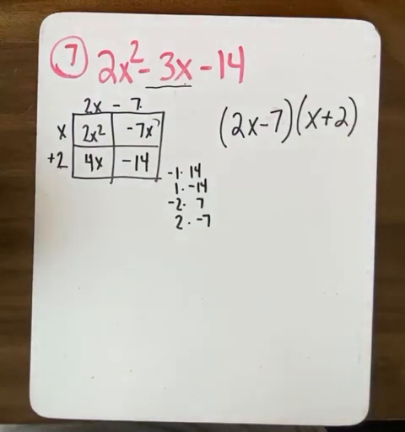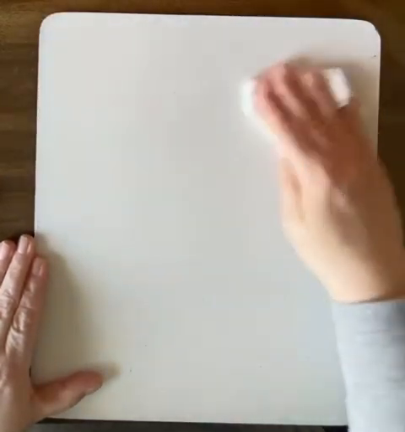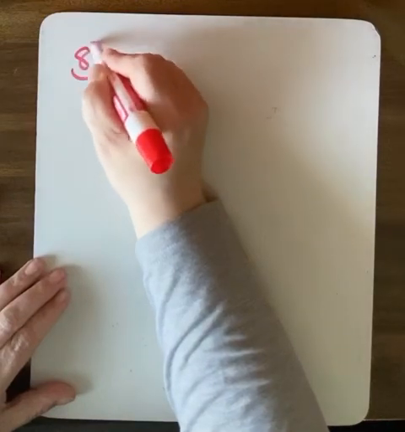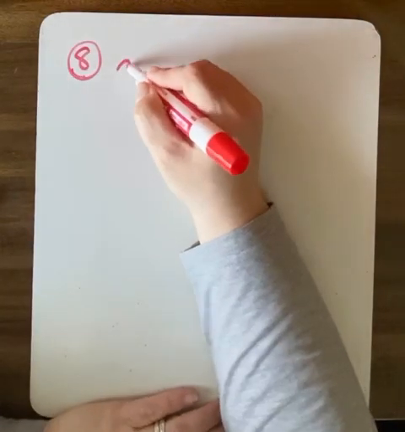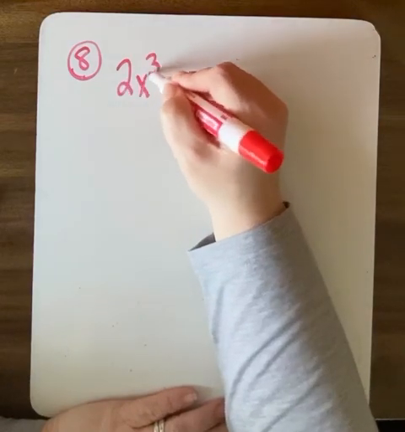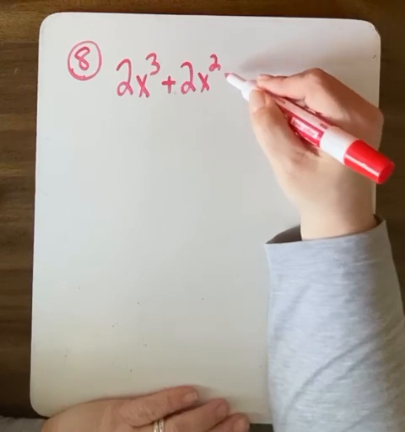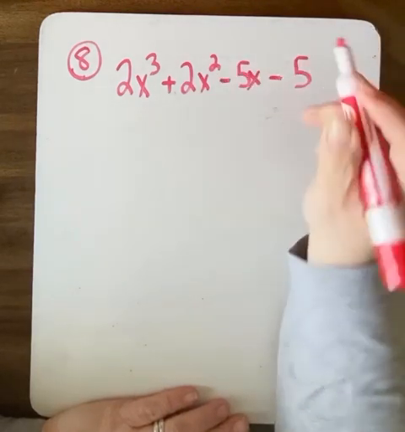Okay, and we're on to our final problem here. Number 8 is a problem that has 4 terms. And when we have a problem that has 4 terms, we use a process called grouping. So our problem is 2x to the third plus 2x squared minus 5x minus 5.